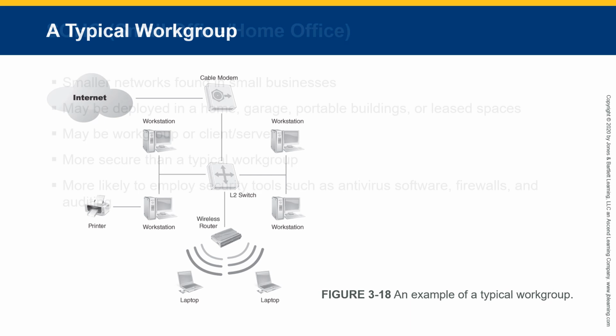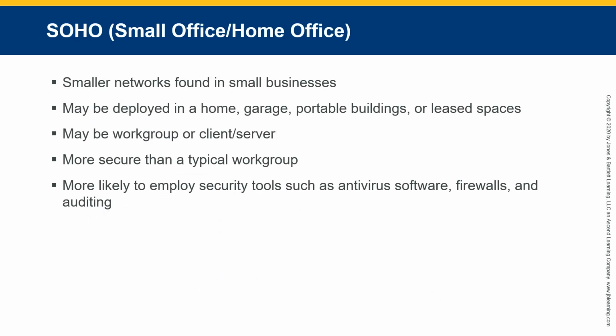All right. A small office, home office. These are small businesses. A lot of times you may see these deployed in houses, portable buildings, or lease space where people just do small office work. These may be designed as a client server setup or a work group setup with no server.